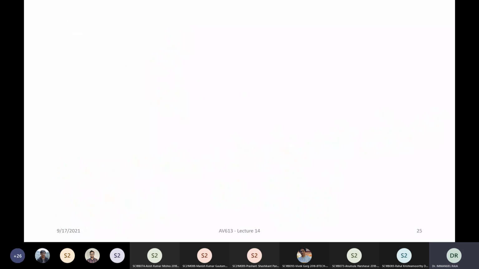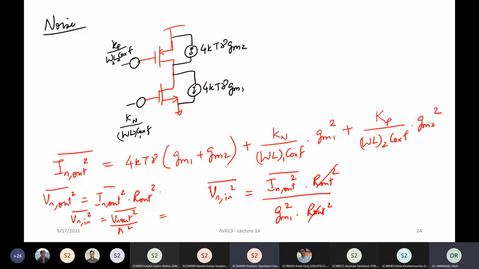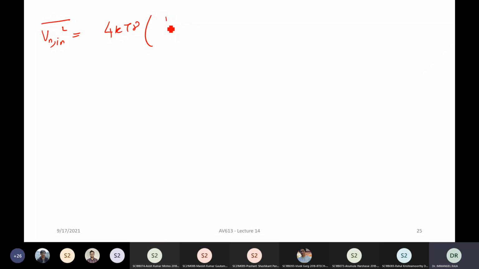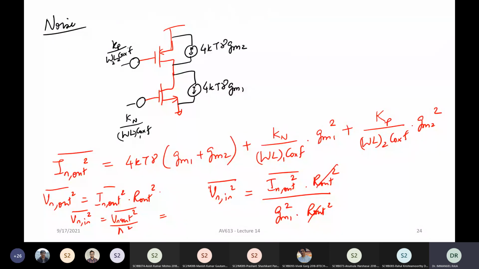So if I were to rewrite this equation, Vn in squared bar is 4KT gamma times (1 by GM1 plus GM2 by GM1 squared), plus, of course, the Kn divided by WL Cox F. This will remain the same because you multiply it by GM1 squared, divide by GM1 squared.